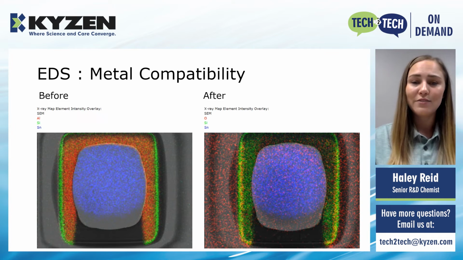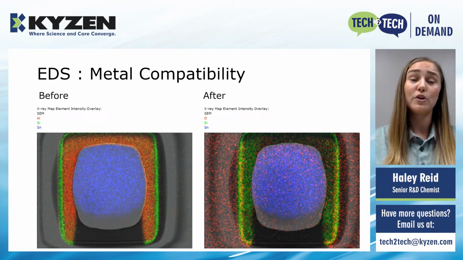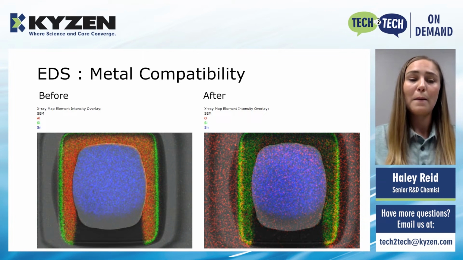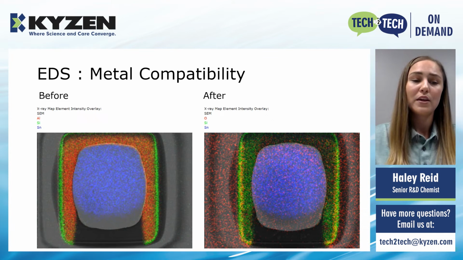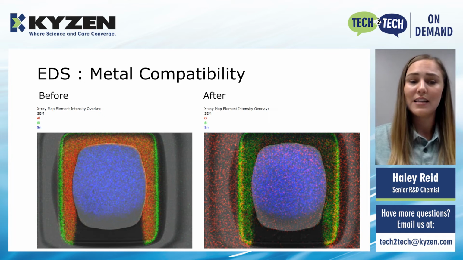We can also use EDS for metal compatibility. We most often do this whenever we're using flip chip applications. Everything is so small, it's quite hard to see with any other method. But with this, we saw on the left before, you can see aluminum surrounding the SAC 305 bump. The red is aluminum where the green is silicon because it's actually a silicon wafer underneath.